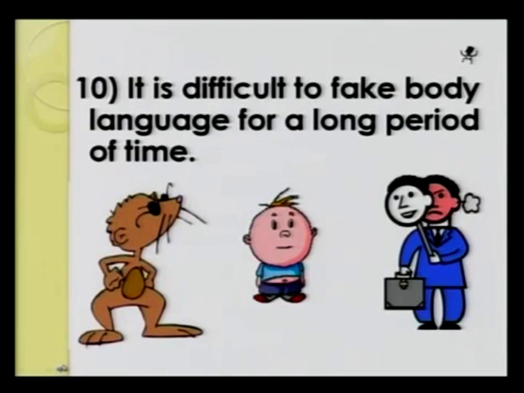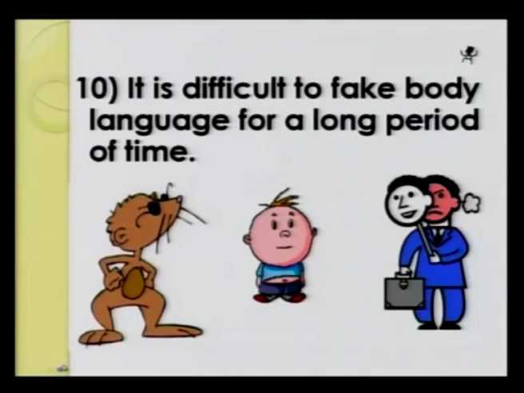And the last one, the 10th question, simply says it is difficult to fake body language for a long period of time. Look at the words which are used very carefully. This means two things.